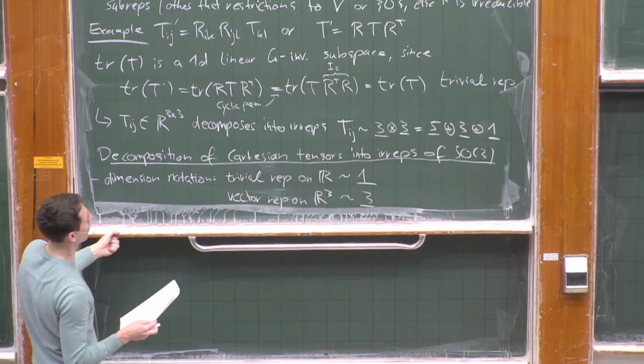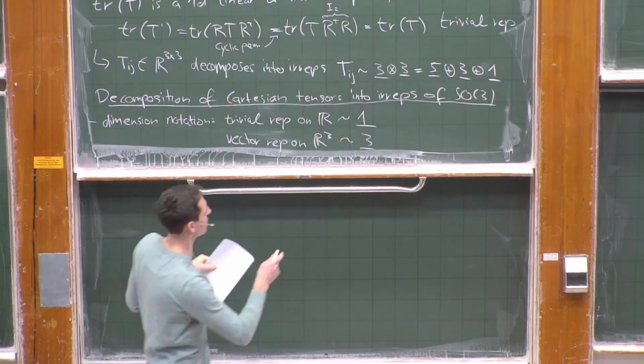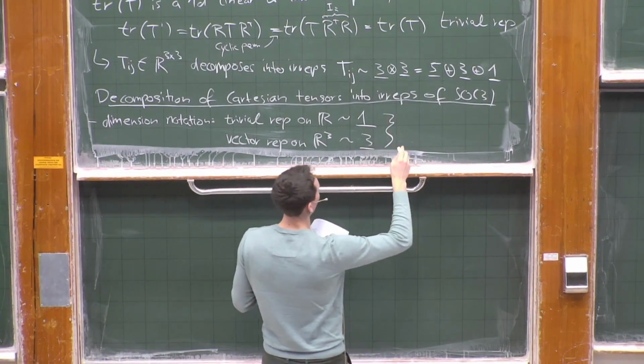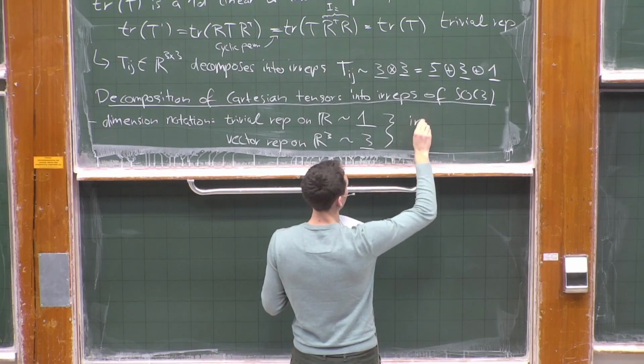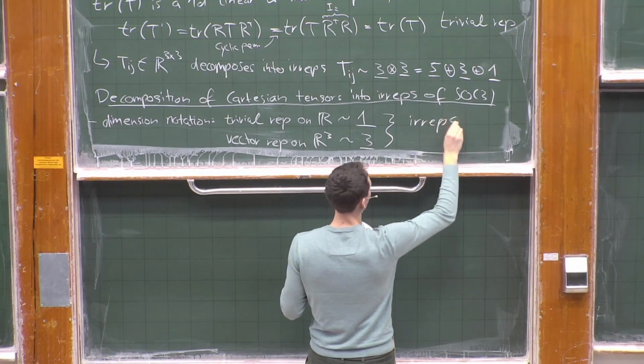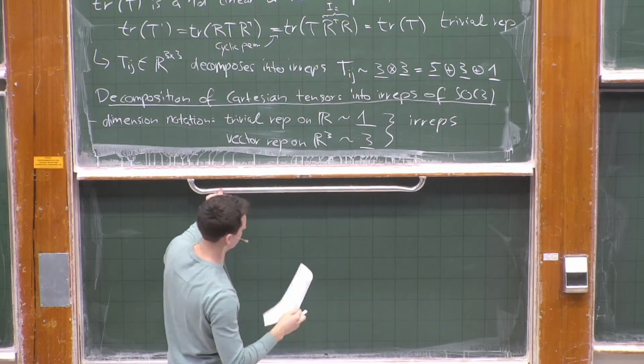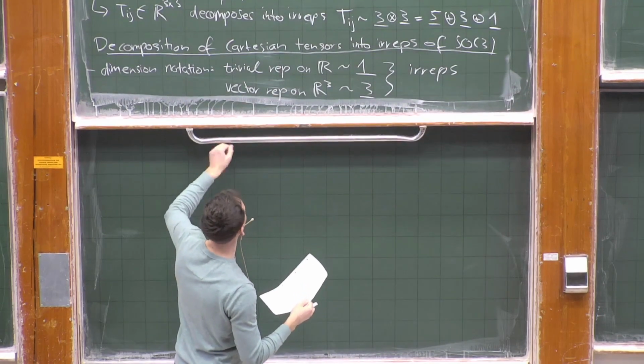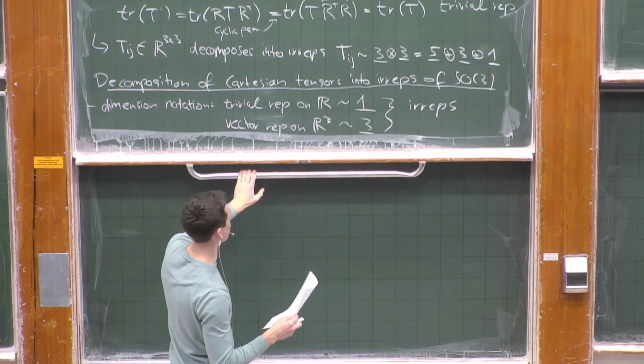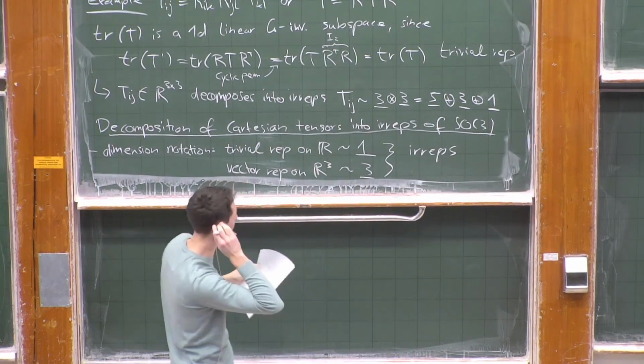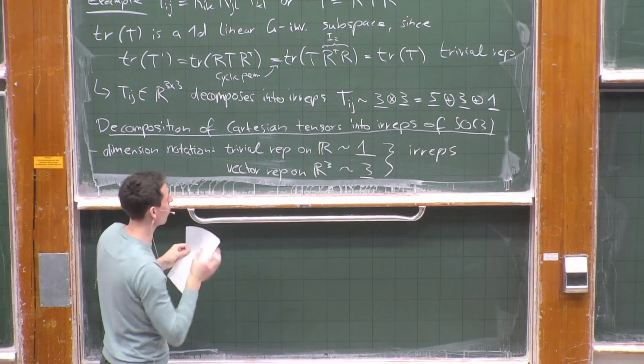And now these two representations, they are already irreducible. But this representation here, in the 3 by 3 dimensional case, it can be decomposed.